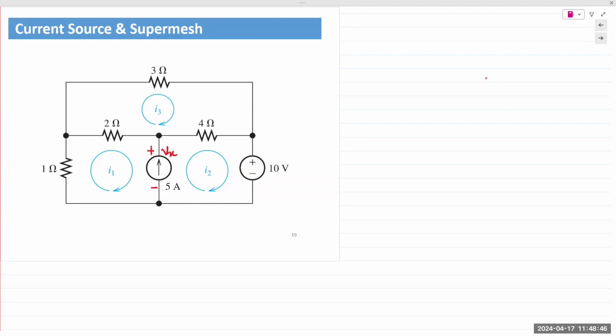If I apply KVL in mesh 1, I have 1 ohm, 2 ohms, and then I have Vx. What to do about Vx? Can't do anything. So if you have a current source in a shared branch, what we can do is ignore the current source and combine the 2 meshes together.